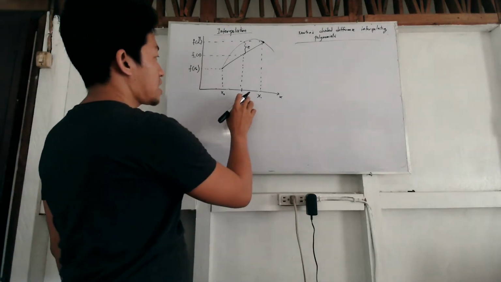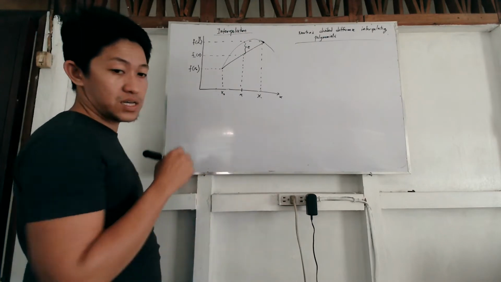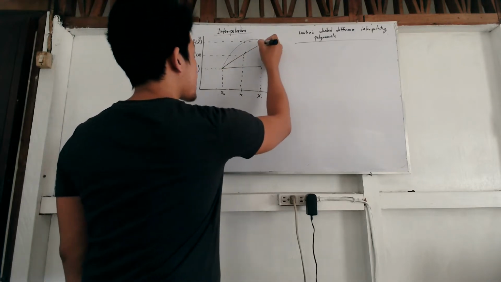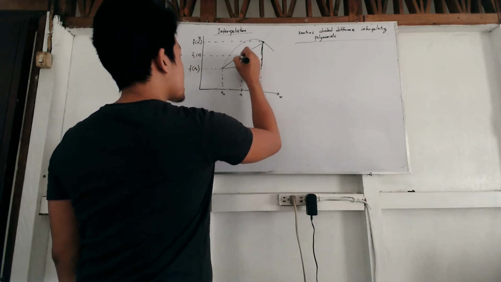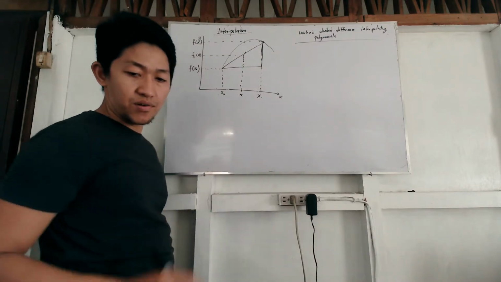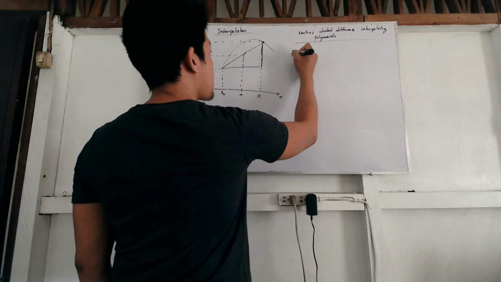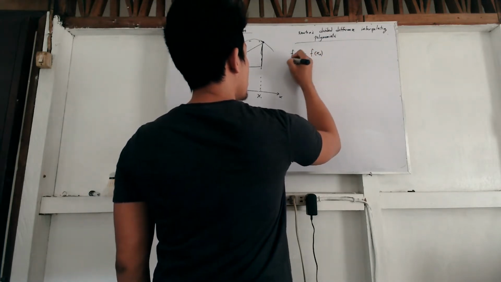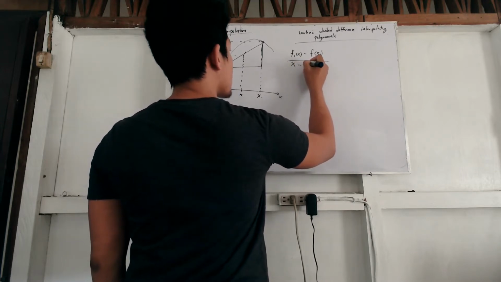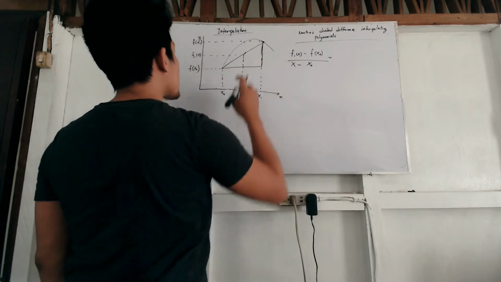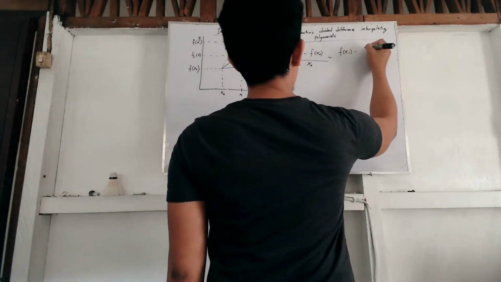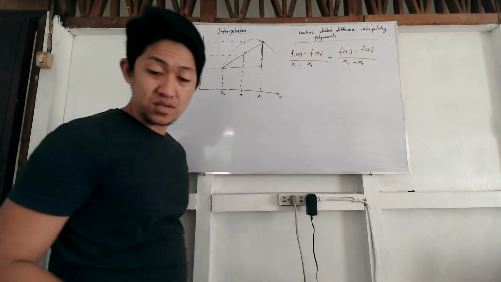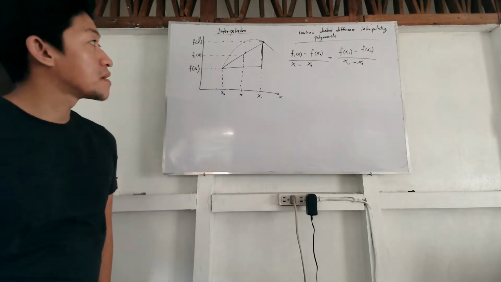So, based on similar triangles, we can make two triangles, the larger triangle and the smaller triangle. So therefore, this becomes f1 of x minus f of x sub 0 divided by x minus x sub 0 is equal to the larger triangle, f of x1 minus f of x sub 0 over x sub 1 minus x sub 0. Okay?